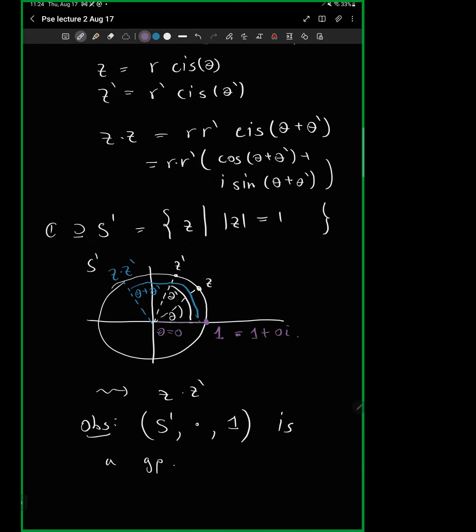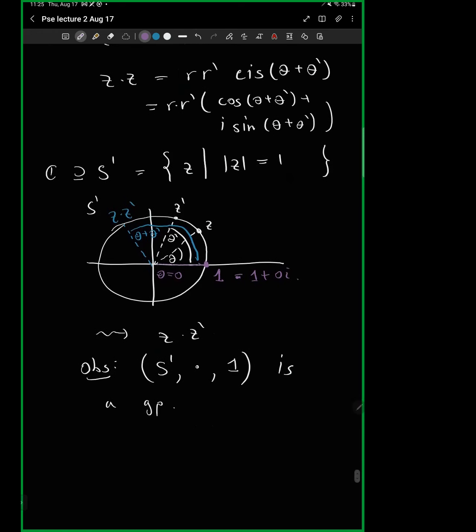And then I need to tell you what is the inverse. So can anybody say what is the inverse if z is equal to r kis theta? We are going to denote the inverse as z minus 1 because we are in multiplicative notation.